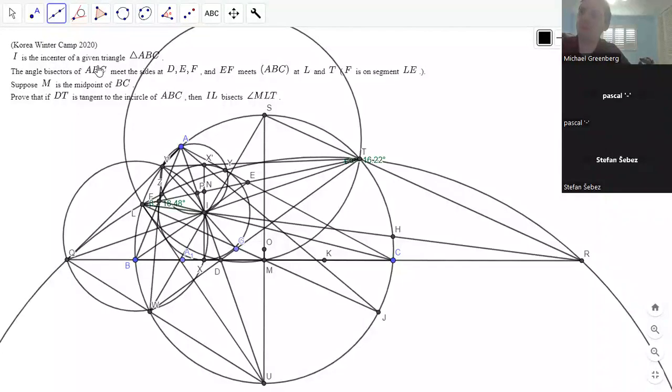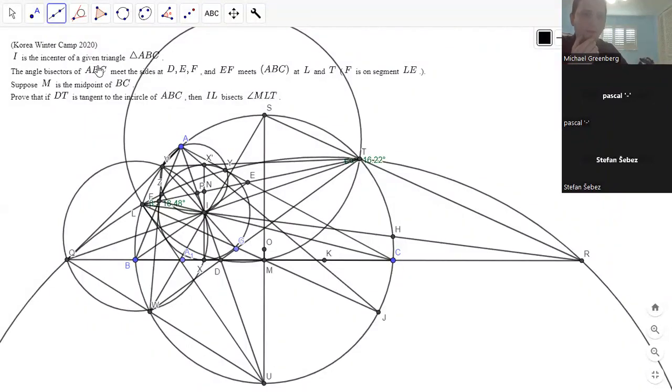The main stuff about that configuration is taking the common tangents of the circumcircle and excircle, and there is this theorem, which is pretty hard to prove, that L and T are actually those points on the common tangents.